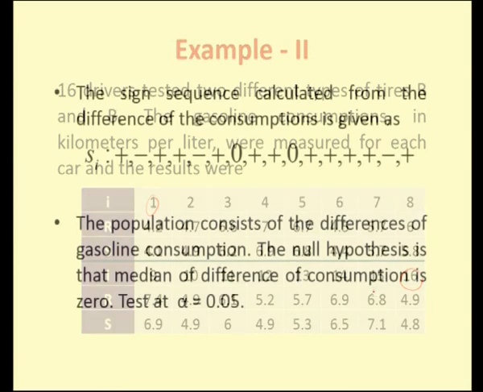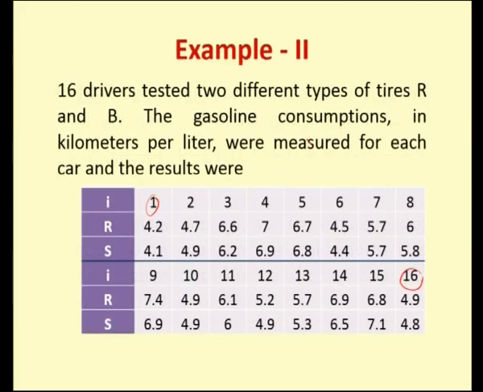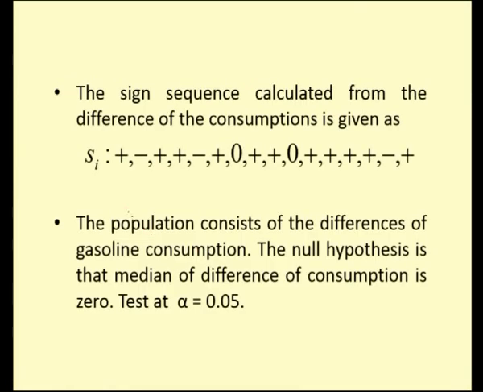So here you are also given the sign values. The sign sequence calculated from the difference of consumption is given, and you can check these consumptions also, namely 4.2 and 4.1. If you take the difference, it is going to be a positive difference. Here if you take, it is a negative difference. See here, positive and negative.